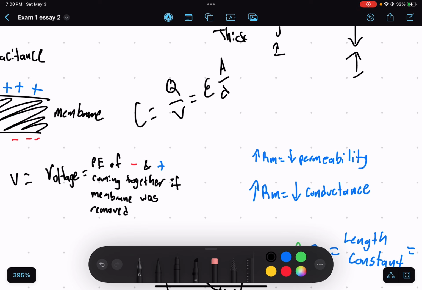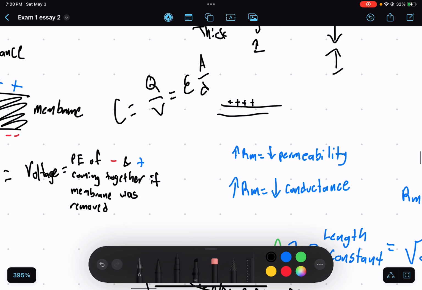Capacitance is the ability to fit more charges, because on the normal axon you are able to fit more as there's less electronegative field there.